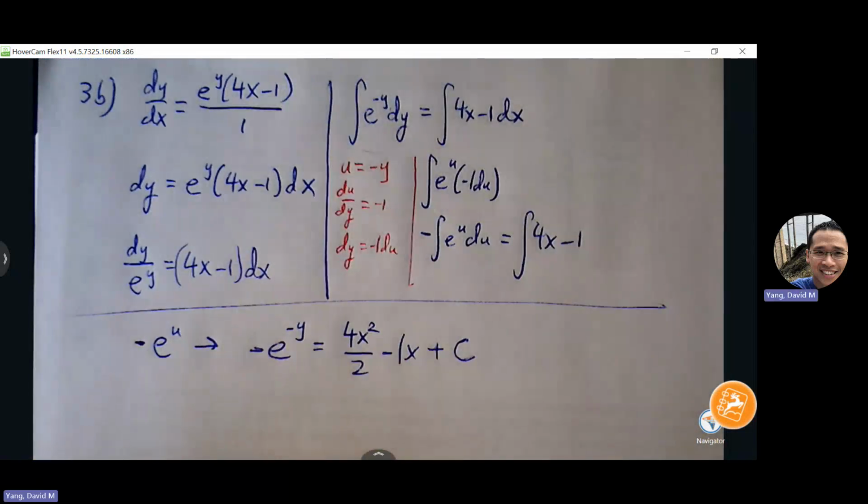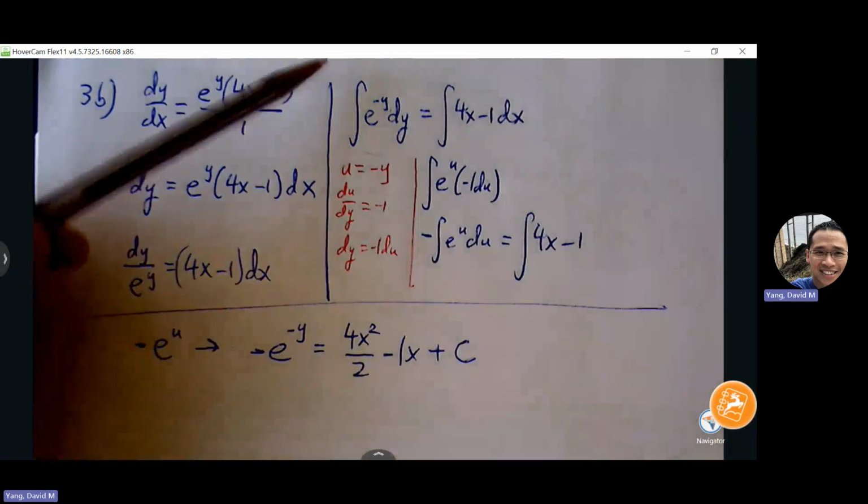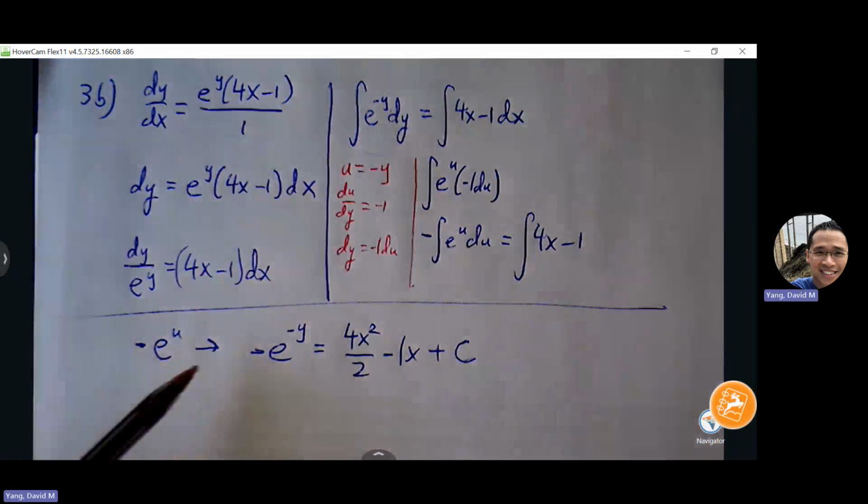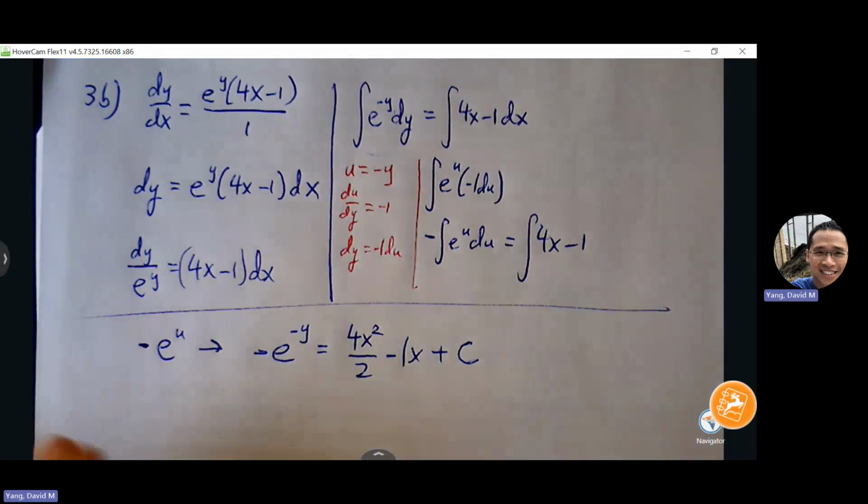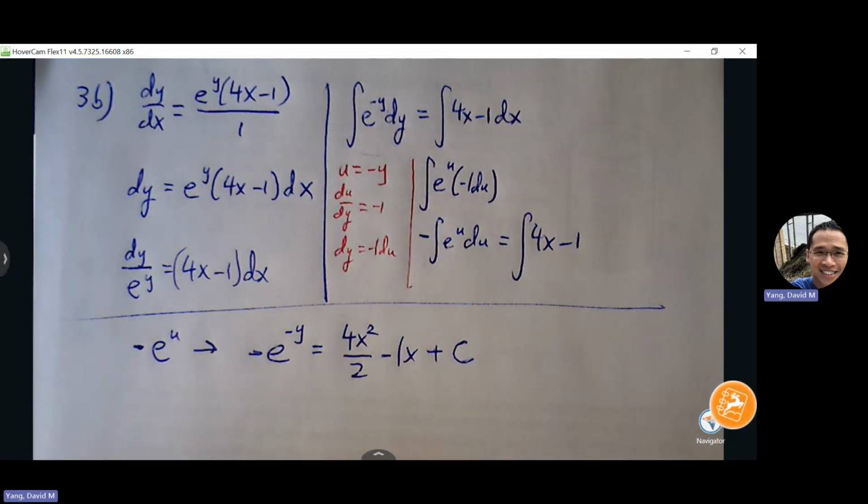So the rule for e to the u is just e to the u, but that negative y is to make sure that when we take the antiderivative, we keep track of the fact that there's a coefficient of negative 1 that's going to be left over.